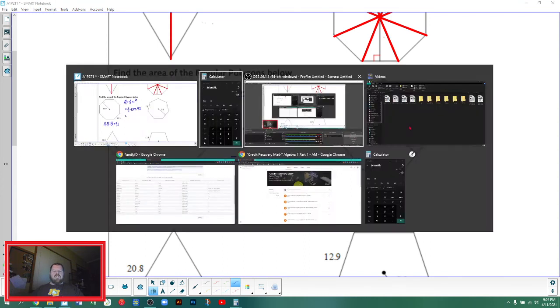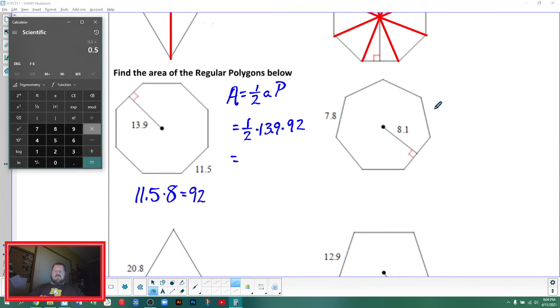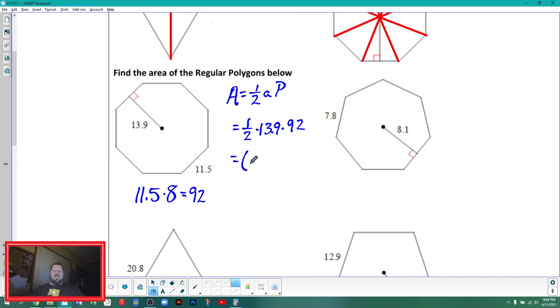So the area of this shape, 0.5 times 13.9 times 92, is 639.4. And I guess they didn't give us any units, so we'll just say units squared, whatever the units might be.